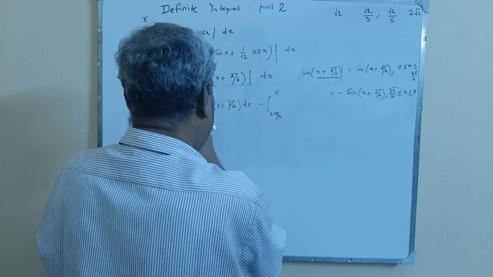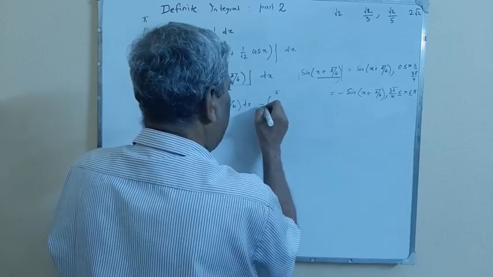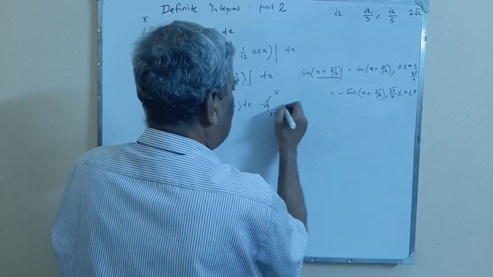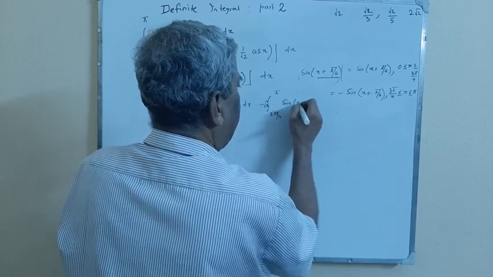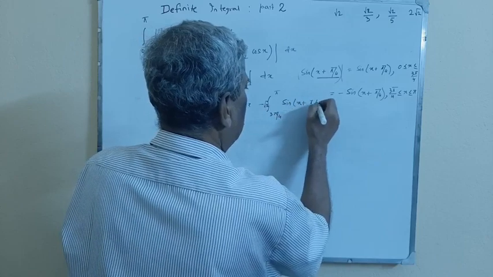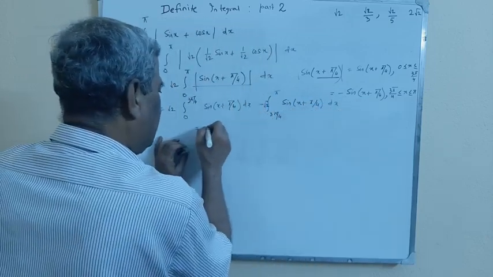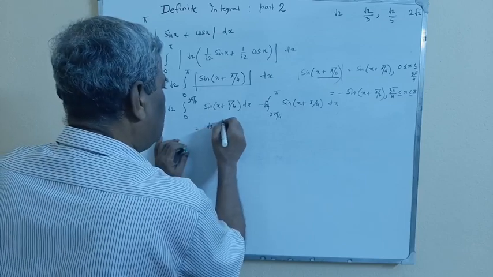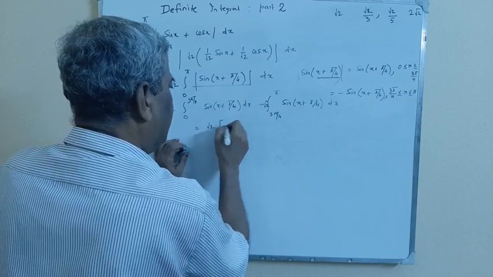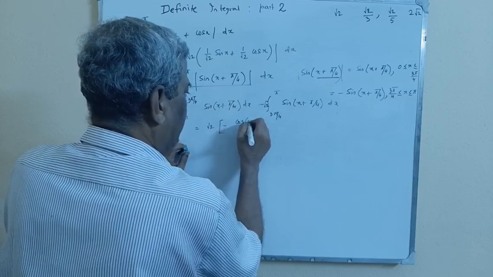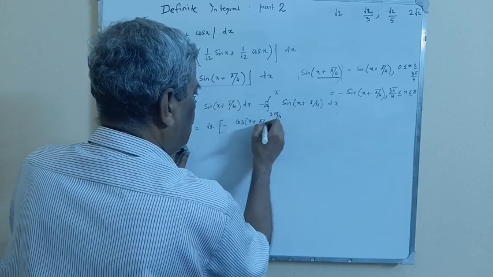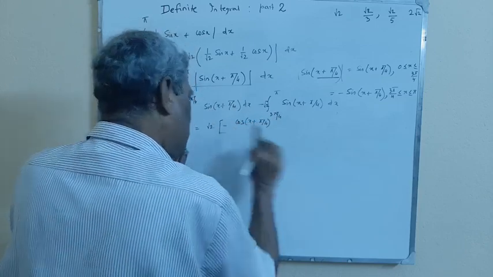It is negative, I have already taken the negative, root 2 is there, sine of x plus pi by 4 dx, so that it is root 2 into, its integral is minus cos of x plus pi by 4 by 1.